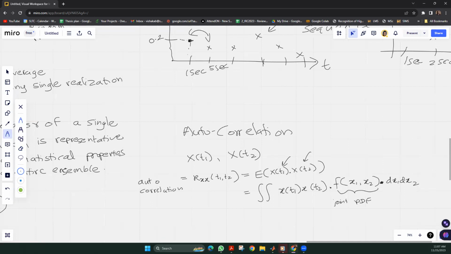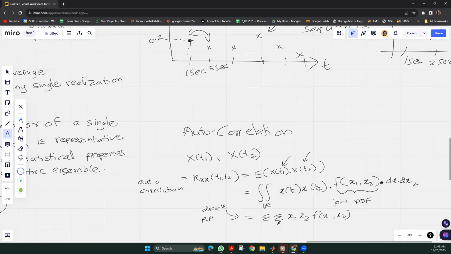Then this integration will give us the autocorrelation value between the two random variables X(t1) and X(t2). Apart from that, we can also denote the autocorrelation for a discrete random process, using two summations over the discrete values of these two random variables, over the range of x values.